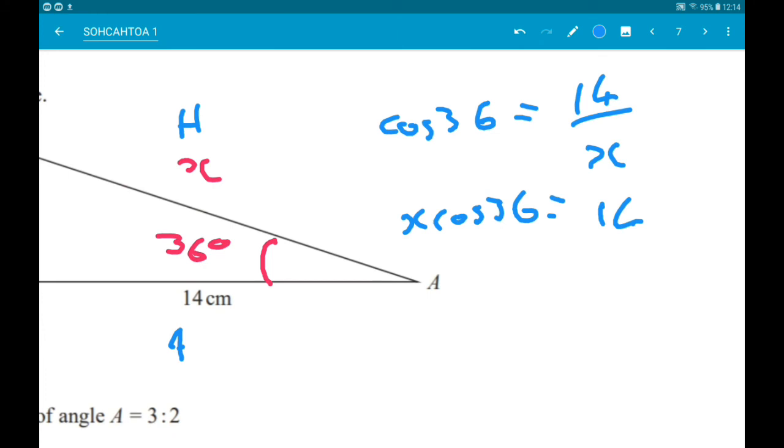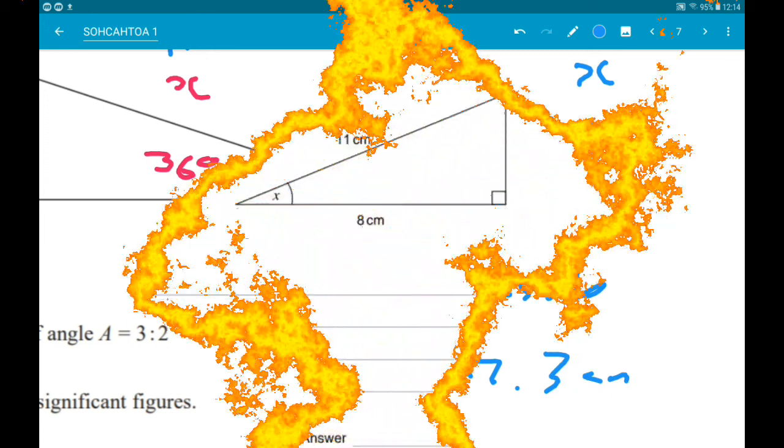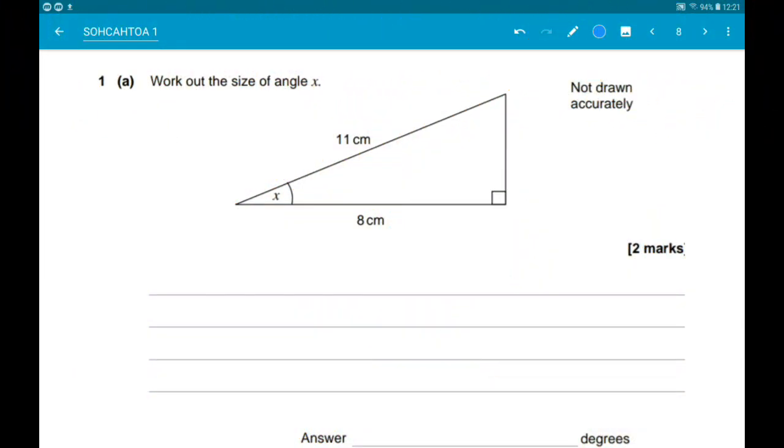So x is 14 over cos 36. Stick that in your calculator and to 3 sig figs, x is 17.3 centimetres.